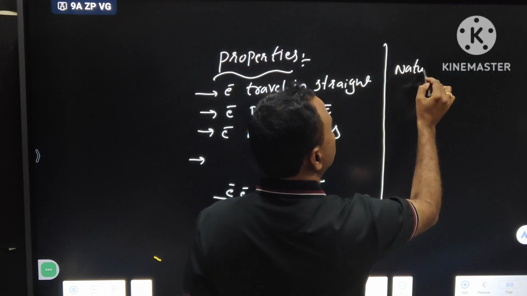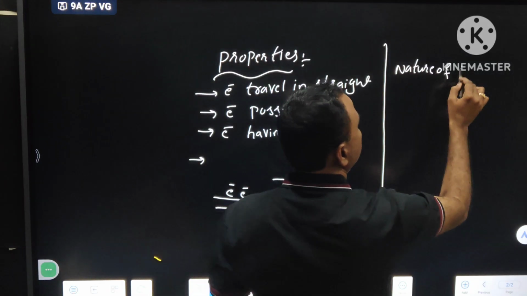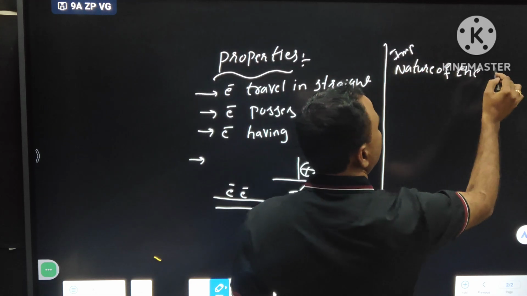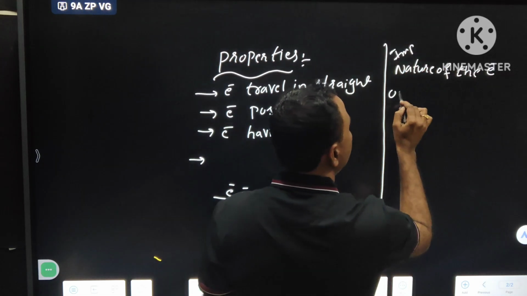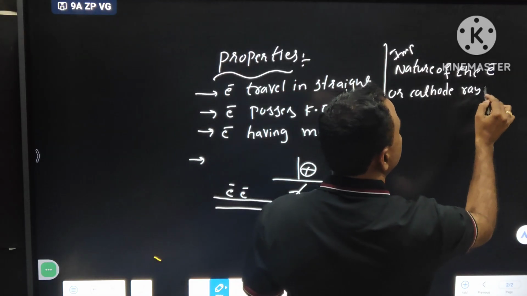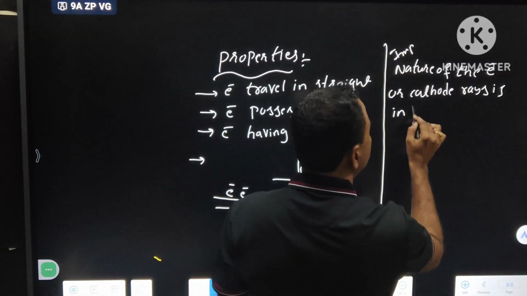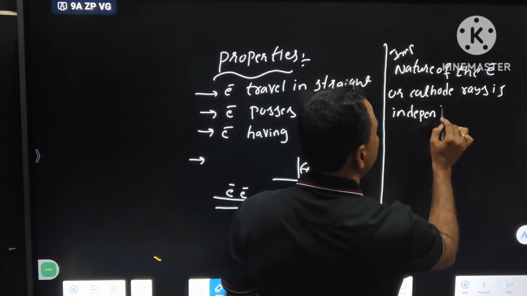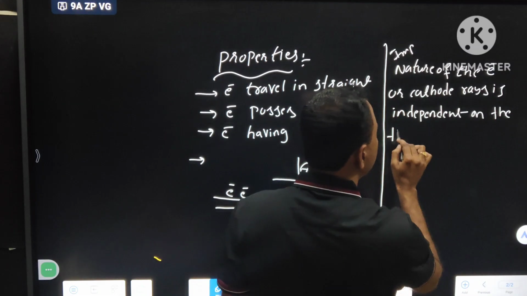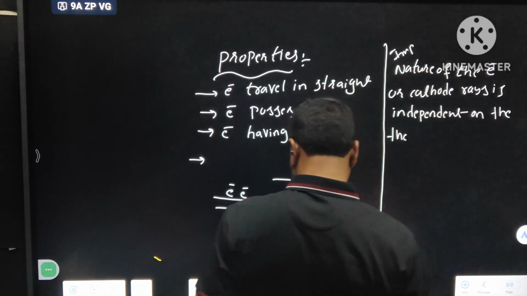The nature of the electrons, the cathode rays, is independent of what? It is independent of the nature of the gas. This is the most important point out of all.